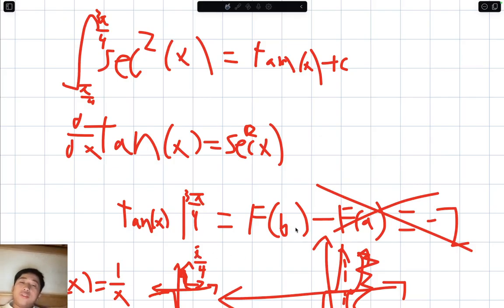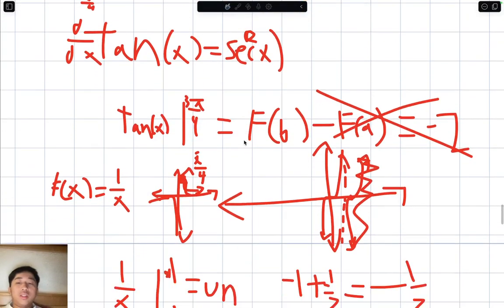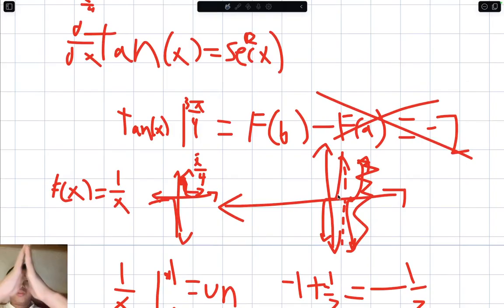And if you know your trig, you would assume it's -2 based off straight values. But the thing is, there is an asymptote between those values. Pi over 4 and 3 pi over 4 have a distance between each other, and that distance has an asymptote at pi over 2.